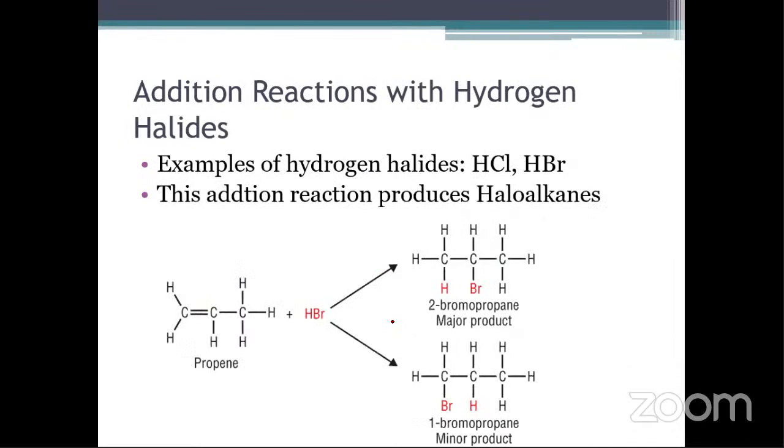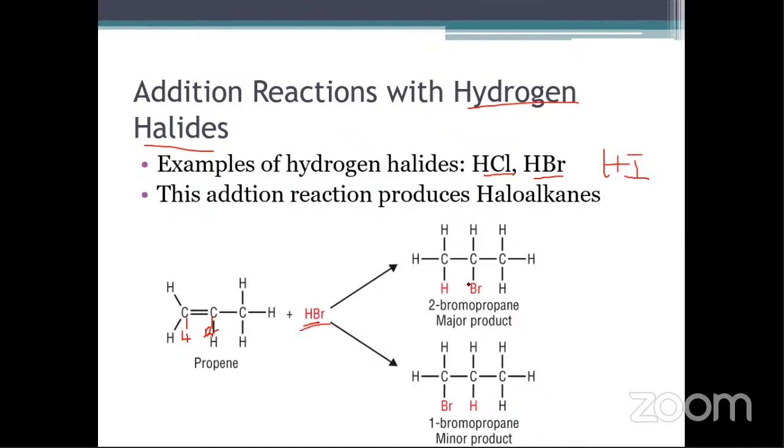All right, the next addition reaction is with hydrogen halides like HCl or HBr or HI, right? All of these are hydrogen halides. And again, it's the same principle. You have the double bond, it will break. And then you have the hydrogen going on one of the carbons and the halide going on the other one.